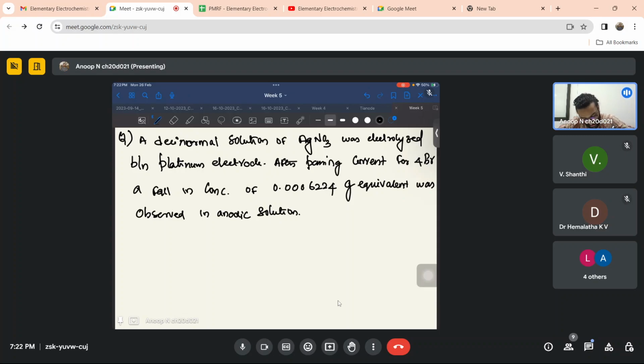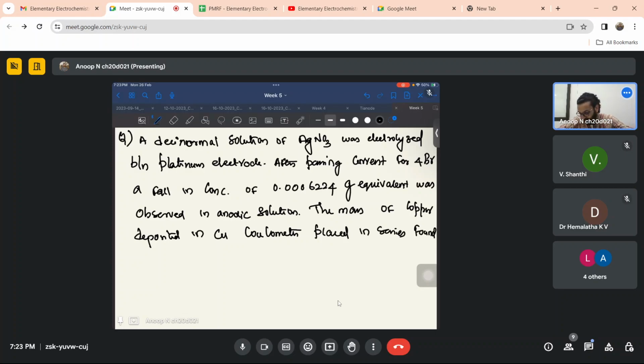The mass of copper deposited in a Cu coulometer placed in series was found to be 0.04897 gram.